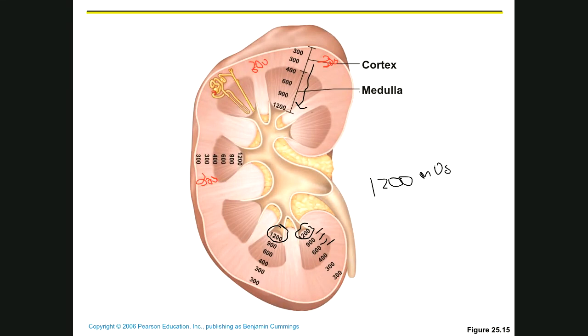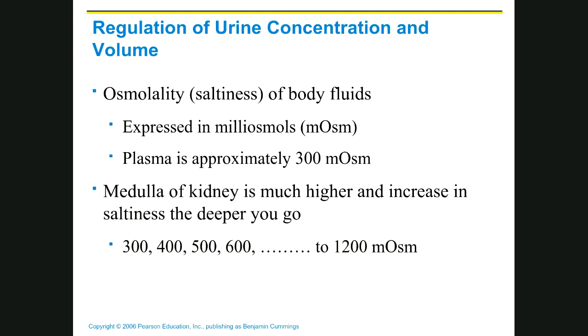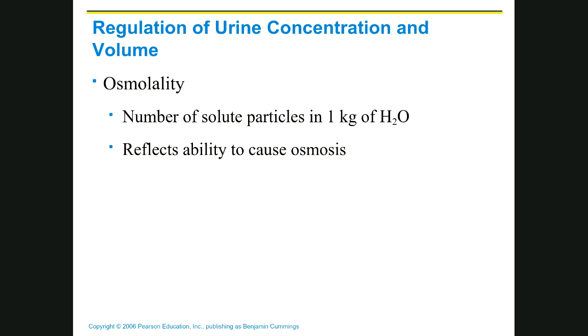Well, look at our nephron. Most of the nephron is up here where it's 300. But the loop of Henle and the collecting duct are not. The loop of Henle hangs down in this salty fluid. And remember, we have two different types of nephrons.